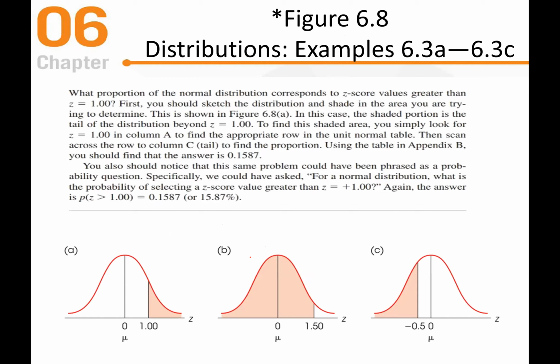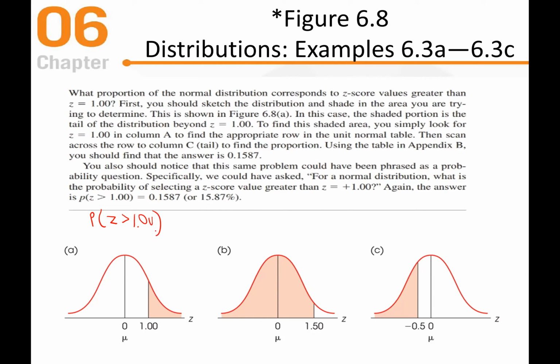In this one, it asks, what proportion of the normal distribution corresponds to a z-score value greater than z equals 1? Written as a proportion, p of z greater than 1.